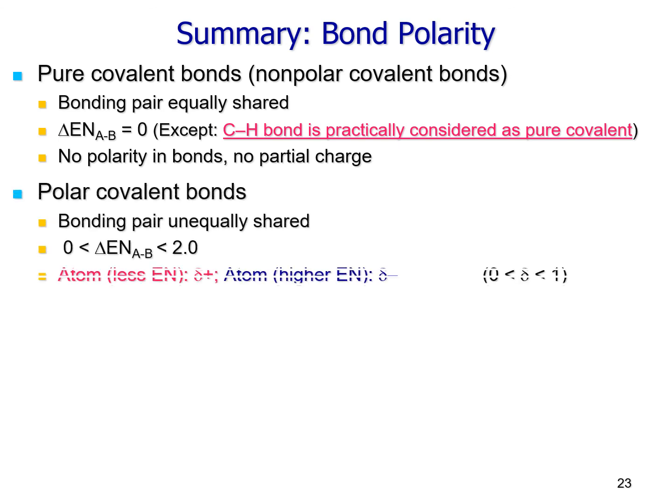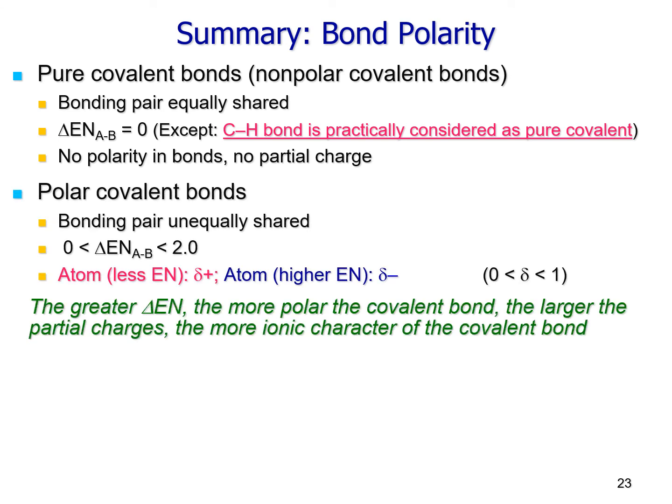If we have a nonzero difference in electronegativity, we see there's going to be a polar covalent bond, and the difference can be no greater than 2.0. 2.0 is the limit. The greater the delta EN, the more polar the bond is, the larger the partial charge, and the more ionic character this covalent compound is going to have.